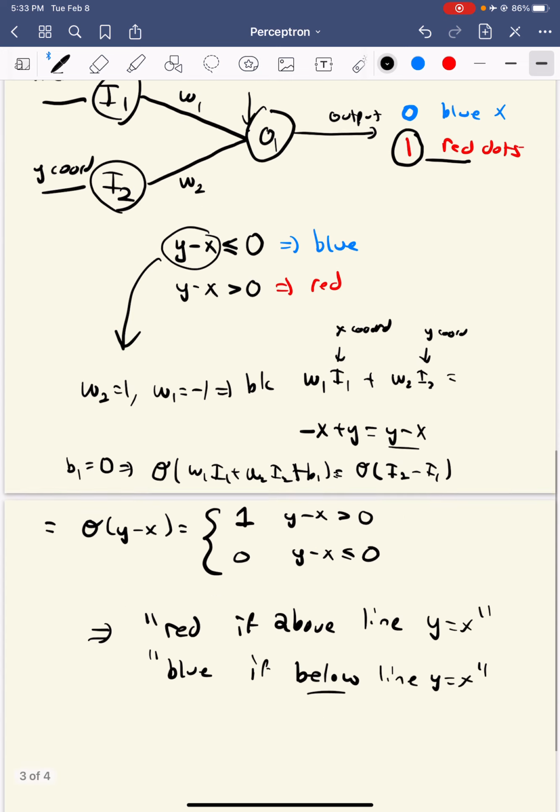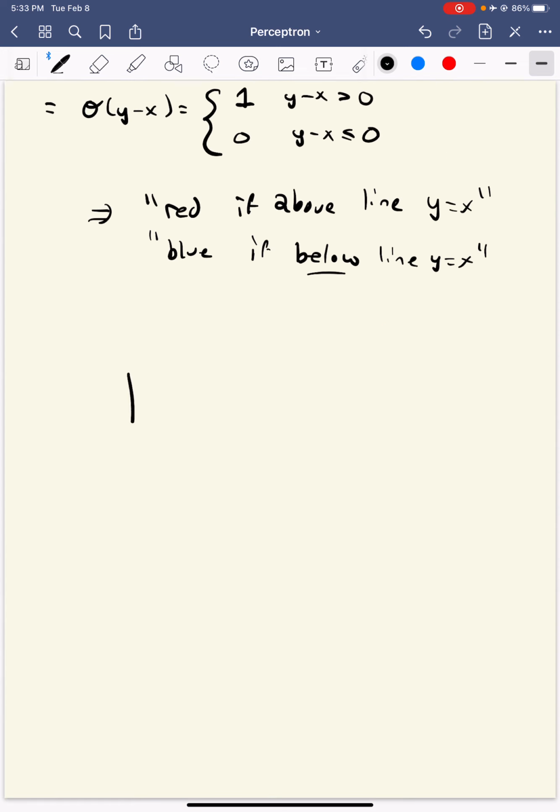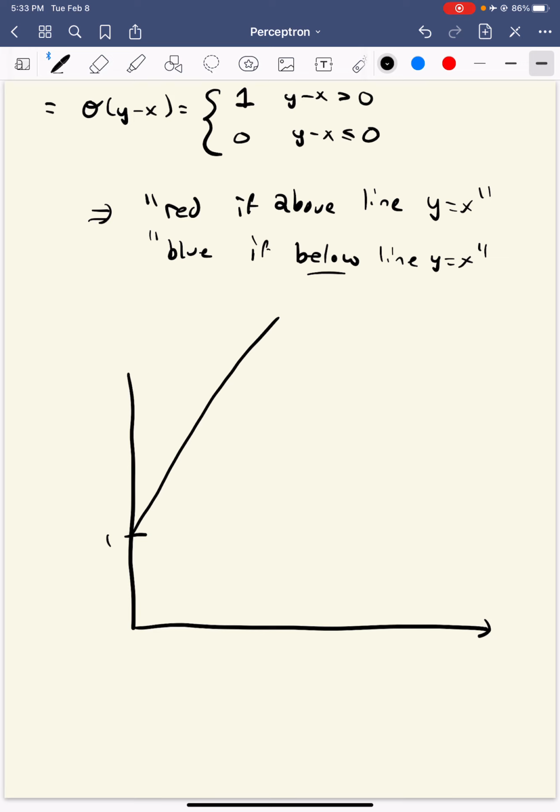A good exercise to hammer this concept home is, let's say this is 1, and this is the line y equals 2x plus 1. And now I have my red dots here. Well, actually, let's flip it. Let's put the red dots below it this time.